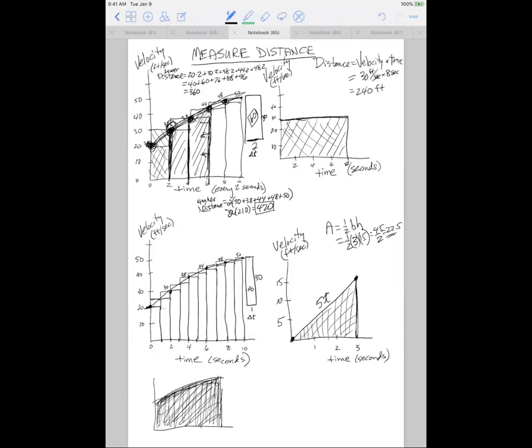If the curve was going down, notice the left side would be the high. If I have an interval here, the left side would be above the whole time, and the right side would be below.